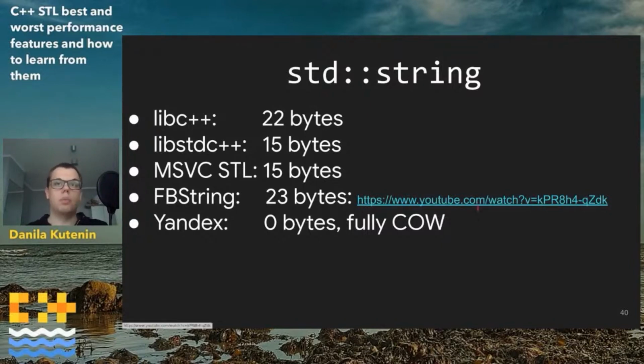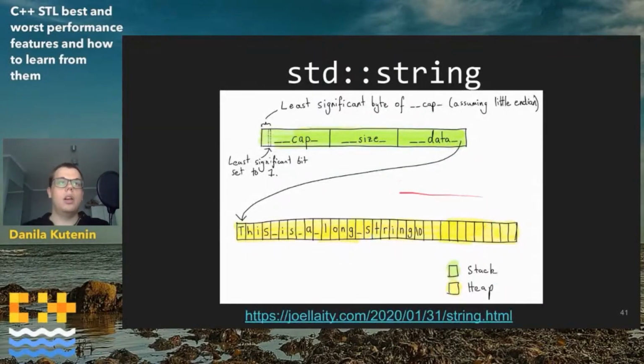Lots of modern implementations try to use small string optimization. This is basically how a small string is used. You have capacity, size, and data. You have one bit in the capacity, for example, that defines whether the string is small or not small.